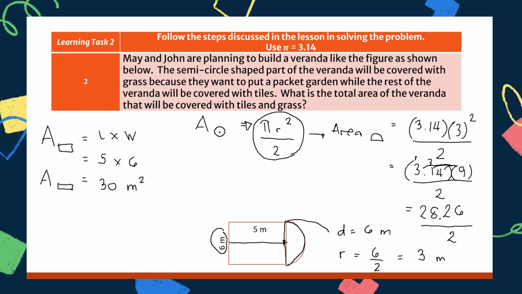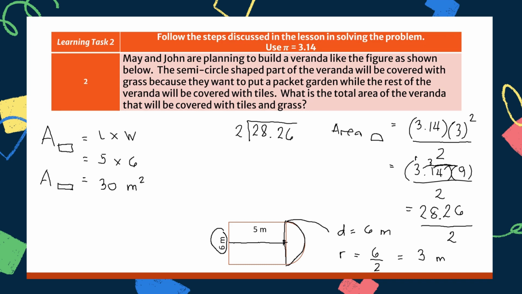So, paano? Okay, tingnan natin. Pahiin natin ito para magkaroon tayo ng space. Pinahi lang ng sir yung area formula ng circle. Okay, now let us continue. So, 28.26 divided by 2.